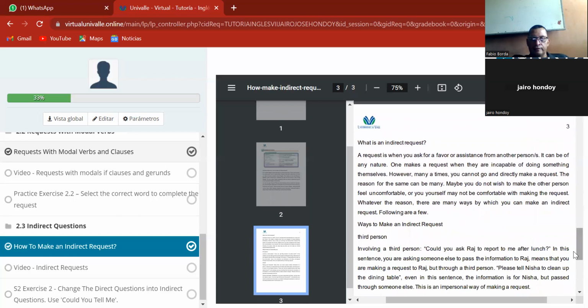What is an indirect request? A request is when you ask for a favor or assistance from another person. It can be of any nature. One makes a request when they are incapable of doing something themselves. However, many a time you cannot directly make requests.